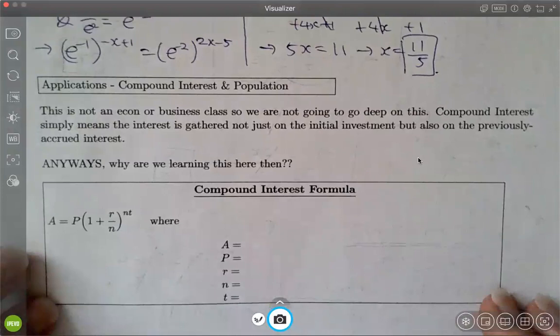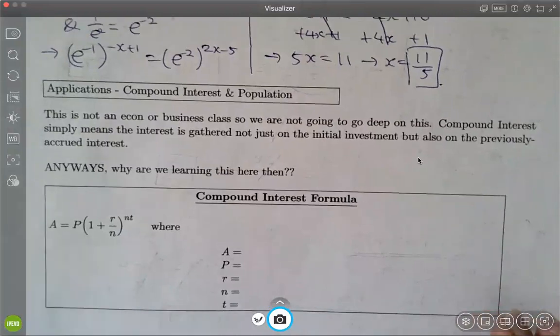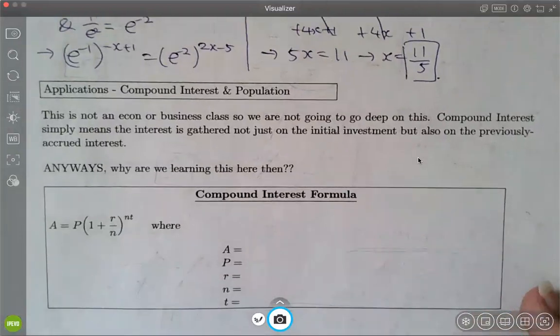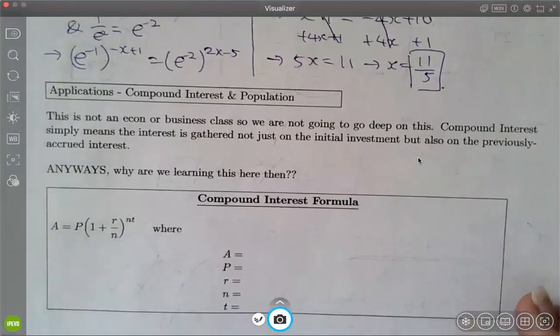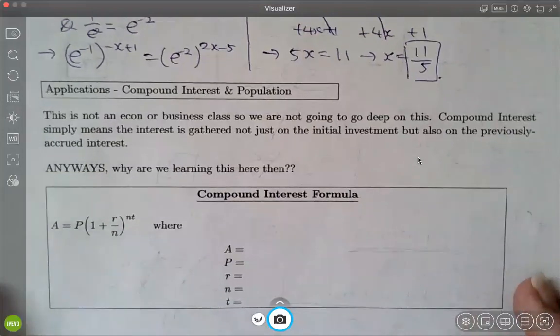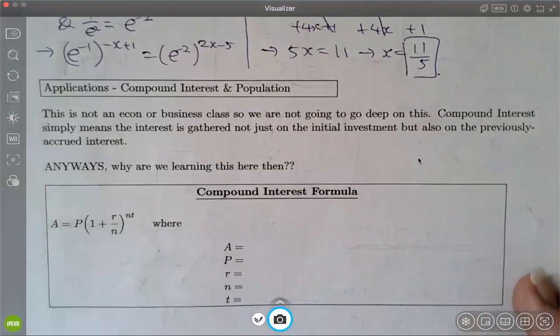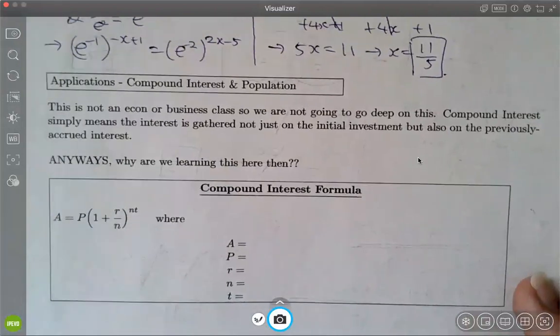Okay, so now before we wrap up this section, we'll see a few word problems: the compound interest and population problems. Apparently this is not an econ or business class, so we are not going to go too deep on this. Let's focus on compound interest first.